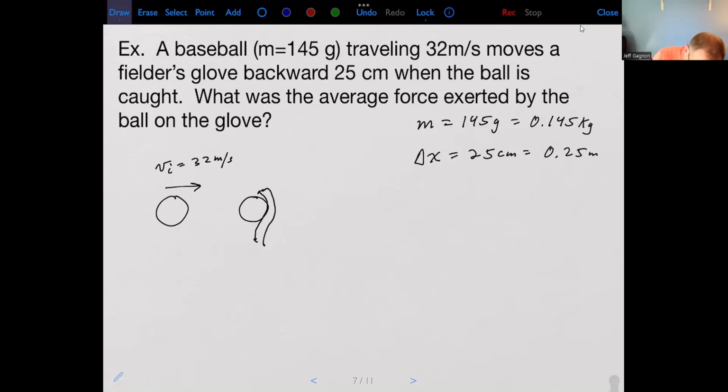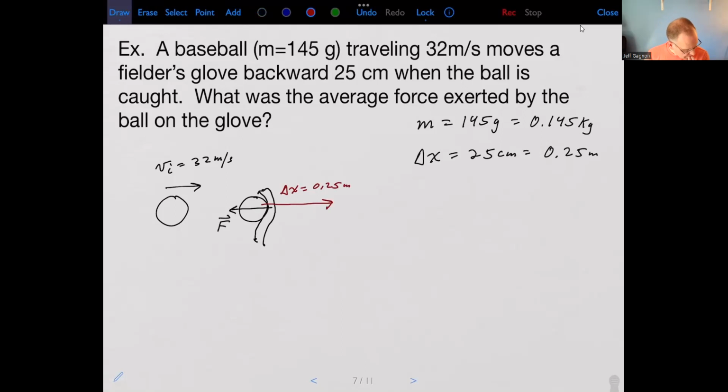And the hand is going to be exerting a force on the ball that slows it down, right? And it's undergoing this displacement. So the hand is moving backwards by 0.25 meters. So delta x here is 0.25 meters. So basically the hand is doing negative work on the ball to slow it down so it comes to a rest.